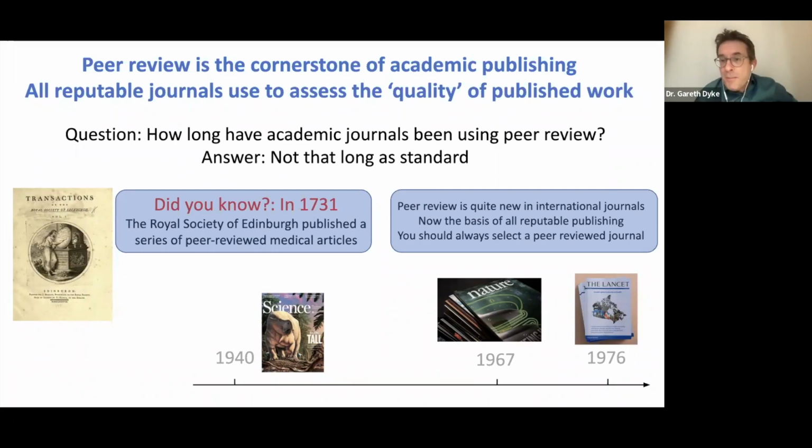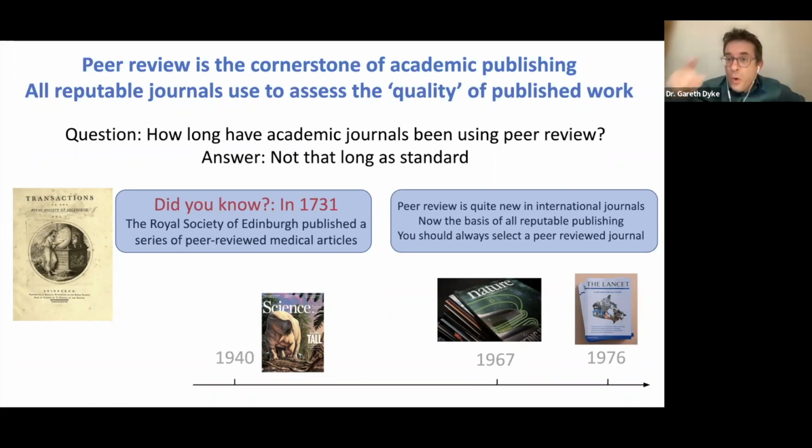So if you think about papers that were published before the 1940s, they probably were not peer-reviewed. Academics, researchers could just send their work off to international journals. So how long have academic journals been using peer review? Not that long, and probably not as long as you might have thought. It's now, however, the basis of all reputable academic publishing.